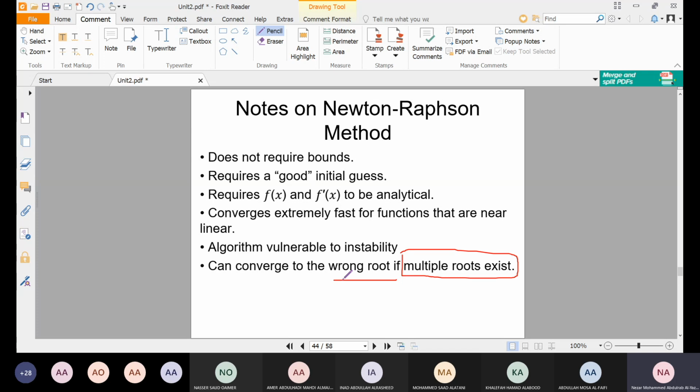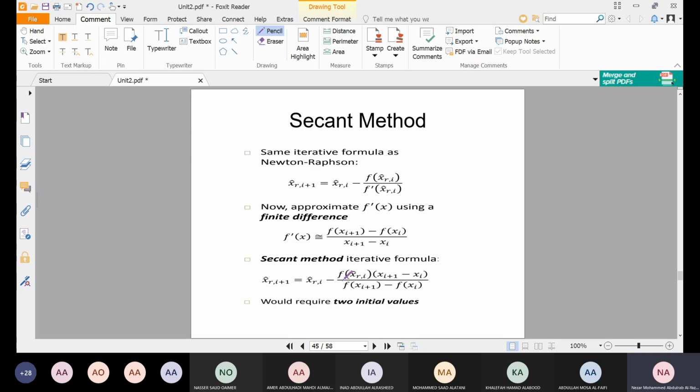So let's introduce the next method, the secant method. This method is just a development of the Newton-Raphson method, by approximating the first derivative that we have in the formula with a finite difference form. Because as we know, one problem in the Newton method is the derivative.